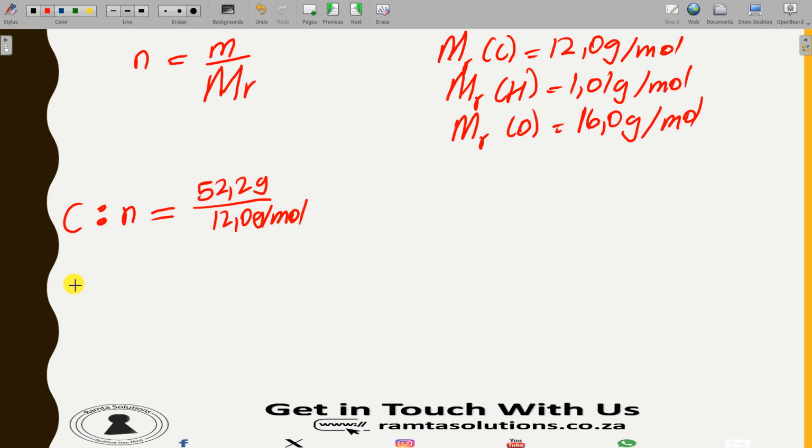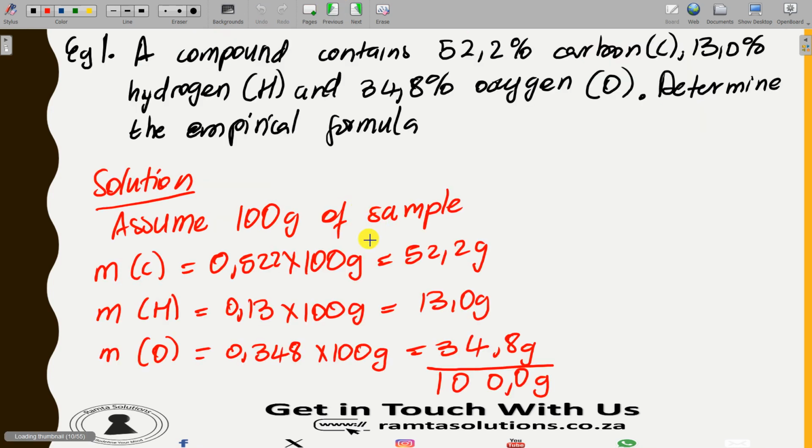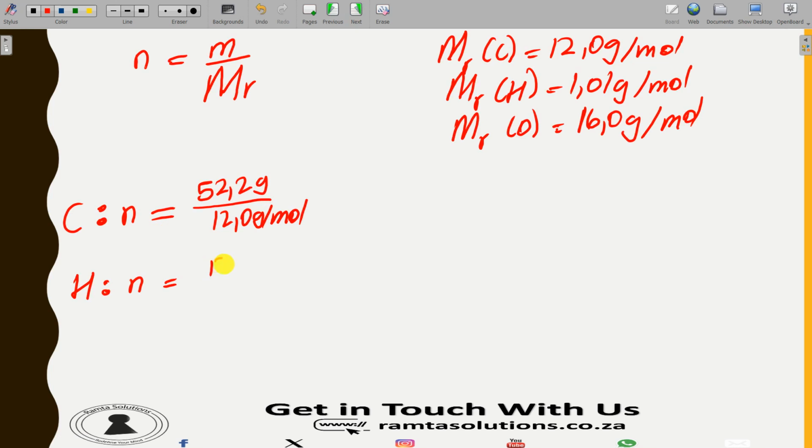Now hydrogen: the mass was 13.0 grams, so this is 13.0 grams over the molar mass of hydrogen, 1.01 grams per mole.